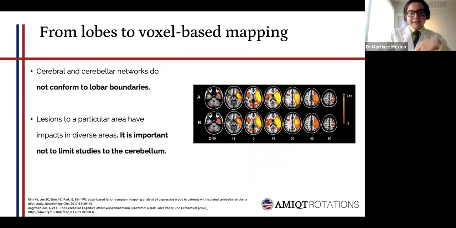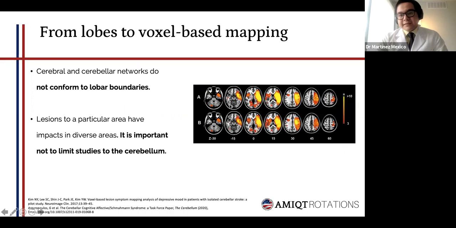Now, as I mentioned, the anterior and posterior lobes have varying functions. That is why some authors have also wanted to go to what we know as voxel-based mapping. What this basically means is that they use voxels, which are basically arrays of data from an image file of an MRI, in order to better delineate lesions.